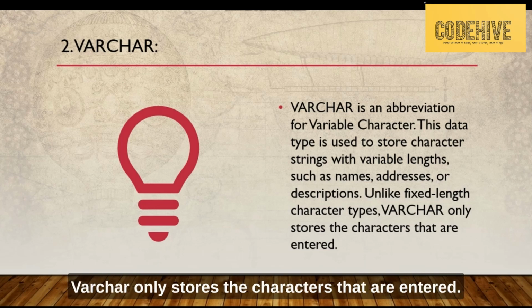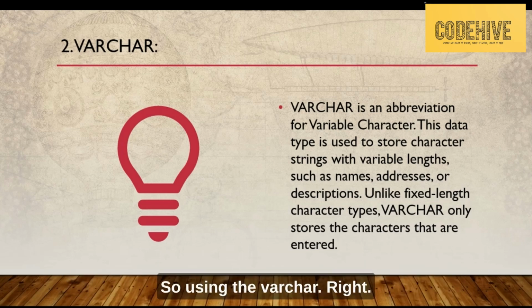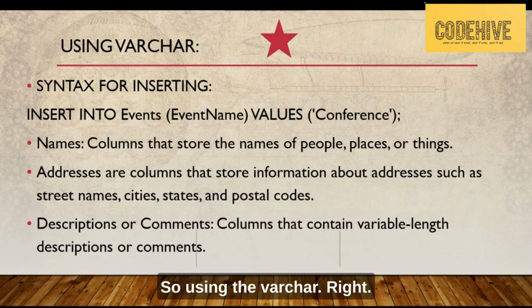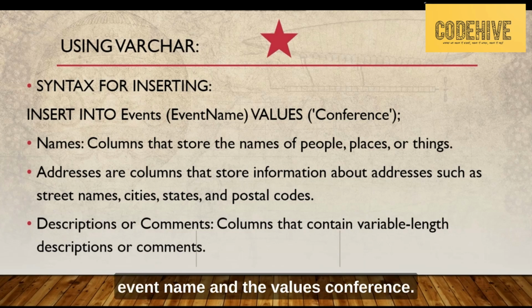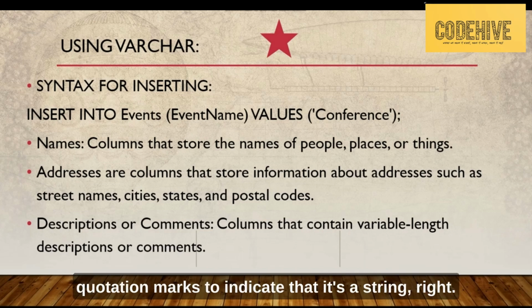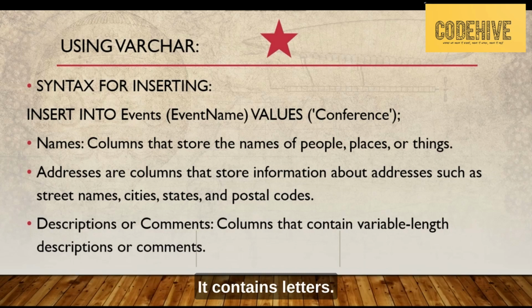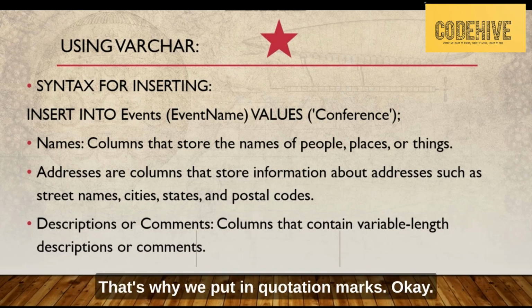Varchar only stores the characters that are entered. So using the varchar, INSERT INTO events, name, VALUES conference. You see now that conference is in quotation marks to indicate that it's a string. It contains letters, that's why we put in quotation marks.